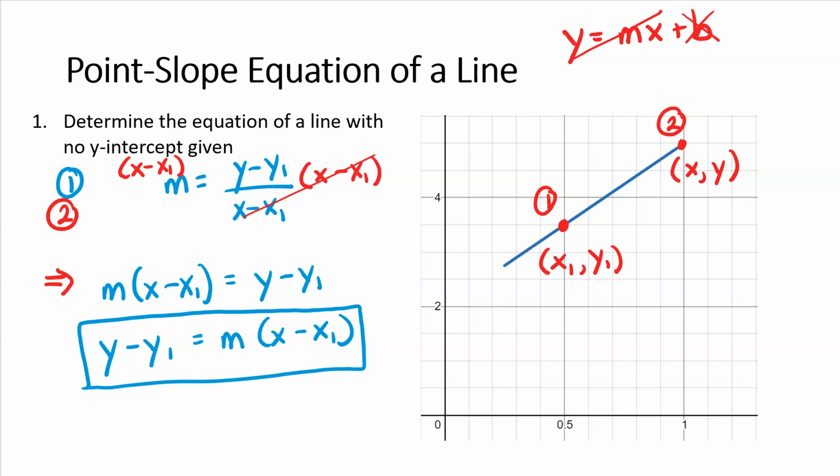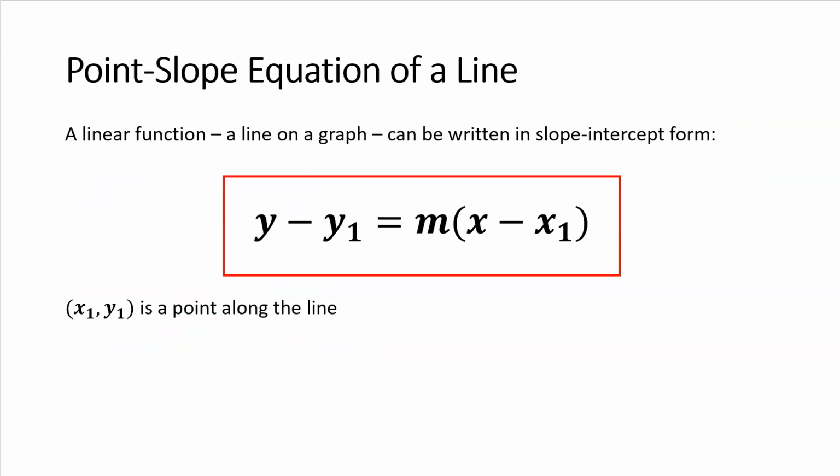And this form of equation is called the point slope equation. So I just rewrote it to be bigger for more emphasis. This is the point slope equation of a line. You have your output variable and your input variable in the y's and the x's. You have your slope, which is m.